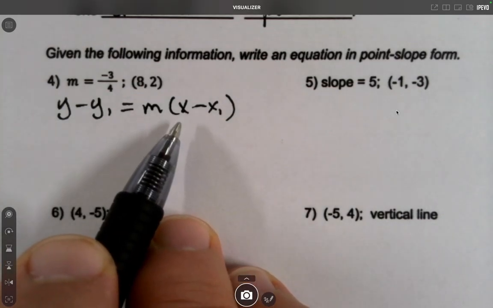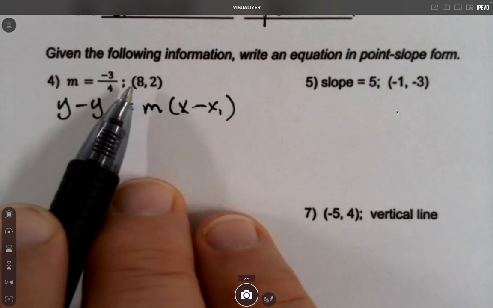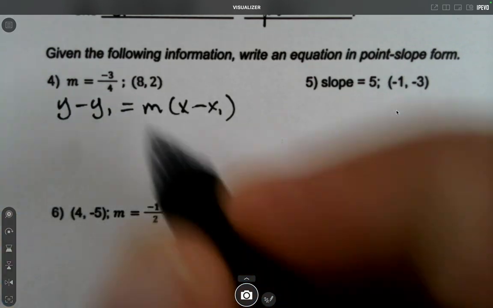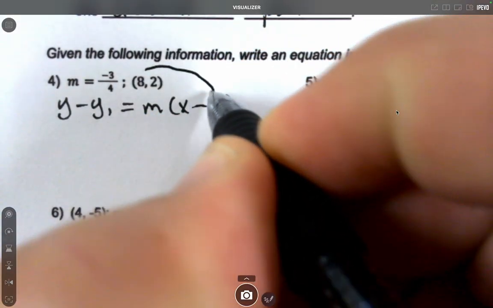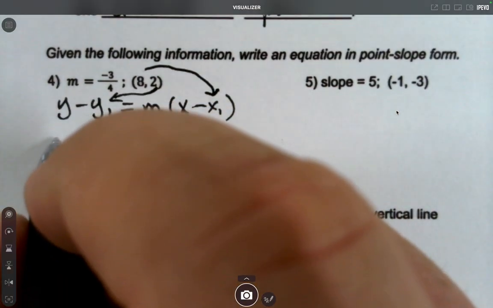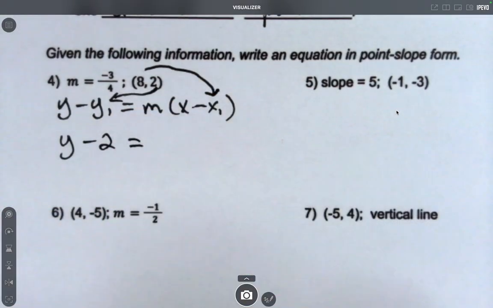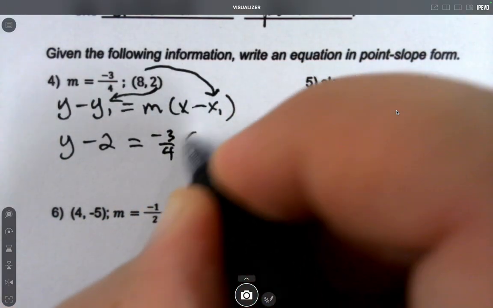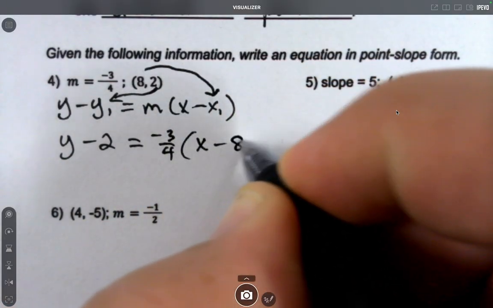We never plug things into them. Not when we're doing this anyway. But x1 and y1, those come from right here. So the 8 is my x1 and the 2 is my y1. So I would write y minus 2 equals the slope, which is negative 3/4, times x minus 8.